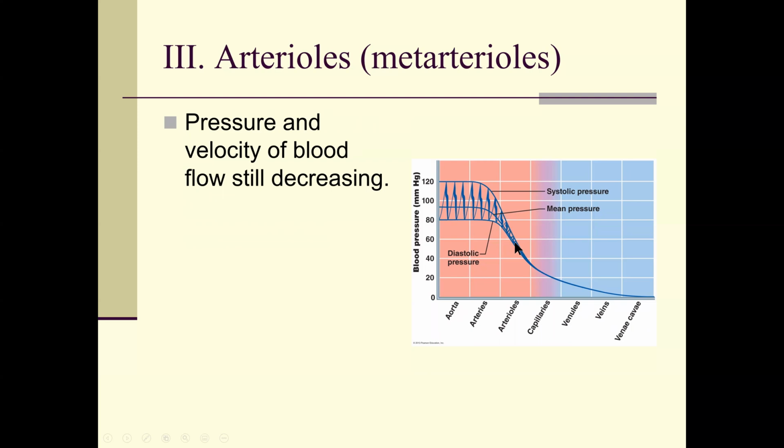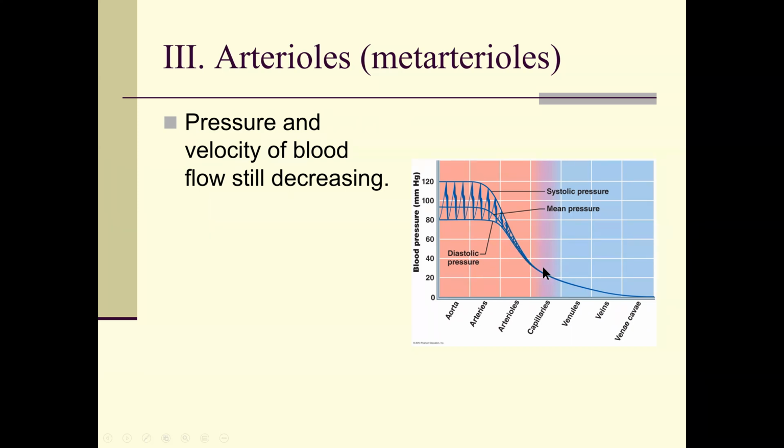We only have our mean pressure because we don't really have that pulse projection coming out of the heart. We just have a continuous blood flow and a pressure that starts getting lower and lower and lower.